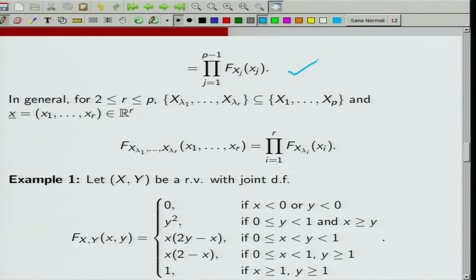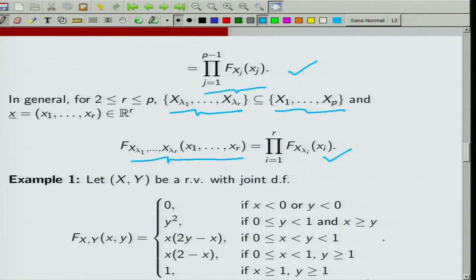So, what I saw is that if your subset is that of x1, x2, ..., xp minus 1, then the joint distribution function of x1, x2, ..., xp minus 1 is the same as the product. In fact, you can apply the same argument to show that for any arbitrary subcollection of x1, x2, ..., xp, the joint distribution function of x_lambda1, x_lambda2, ..., x_lambda_r would be the same as the product of marginals.